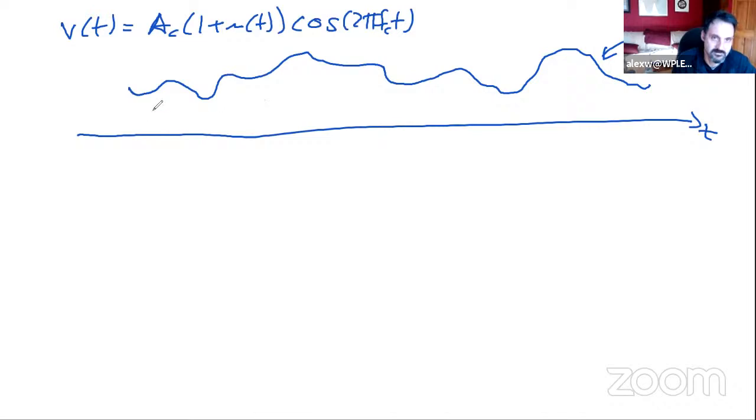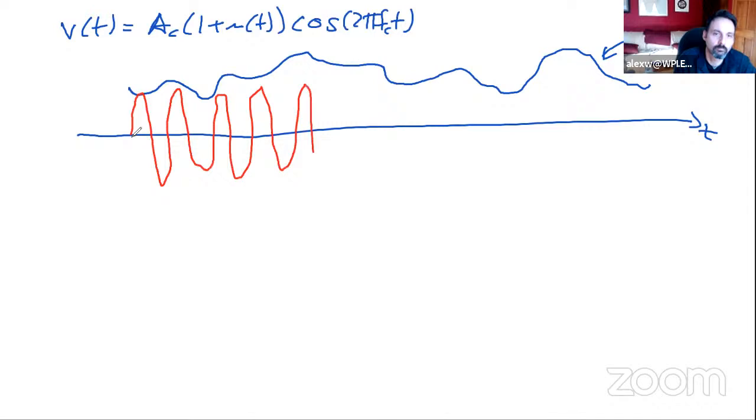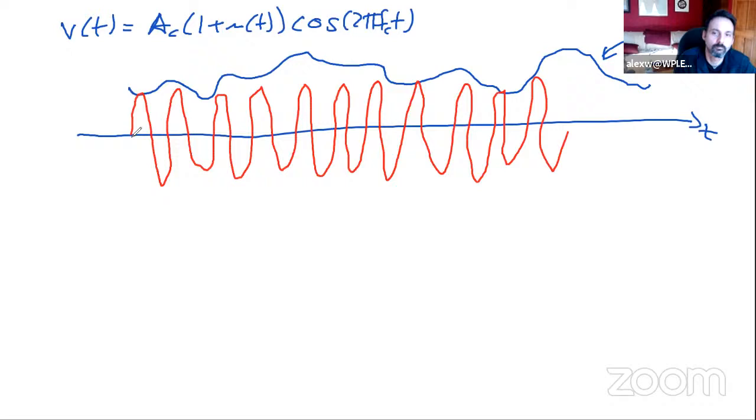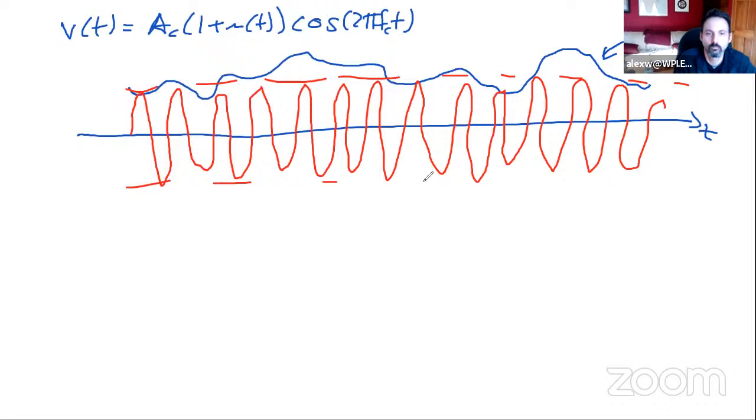Multiplied by a cosine. Plus 1, minus 1. What ends up happening is this thing. When you multiply anything by a 1, you get anything, right?